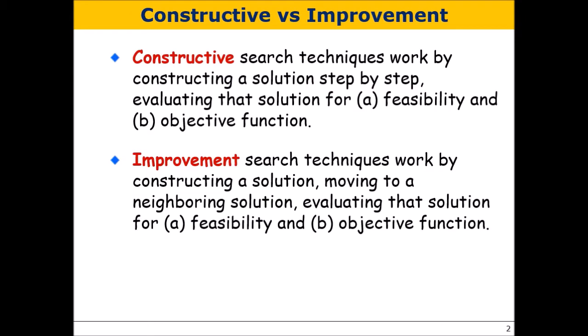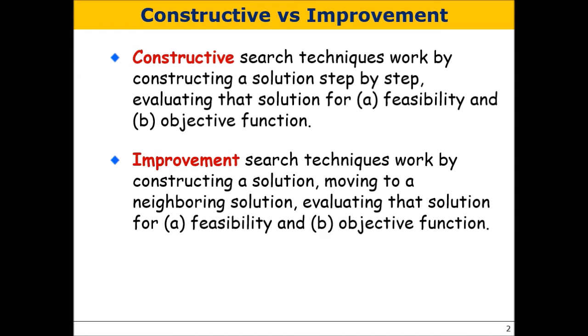As I mentioned, in constructive type heuristics, you start from scratch and step by step you go to a feasible solution. But of course, at each step, while taking a step, you consider the objective function value. Therefore, at the end, you try to find a good feasible solution.